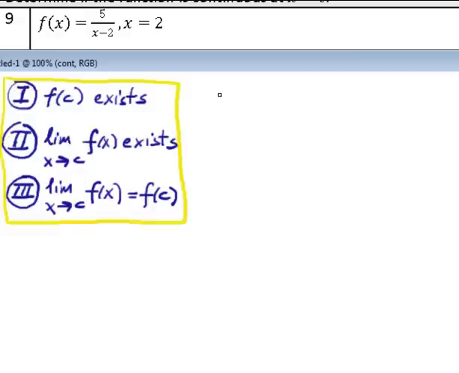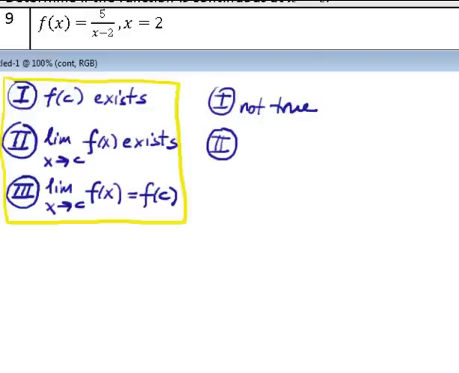Okay, so that's right, 1 not true. So that means the function is not continuous, just from that. Let's look at number 2 though, does the limit as x goes to 2 exist? Well, the limit as x goes to 2 is infinity and minus infinity.